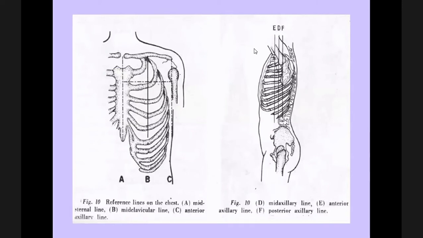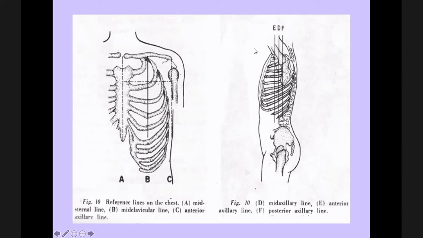Okay. So ito yon. Your A is this is mid-sternal. So dito yung area, this is where your aorta is. You can hear kung may mga bruit here. So you listen. Then B is your mid-clavicular line. So halfway of the clavicle is your mid-clavicular line.